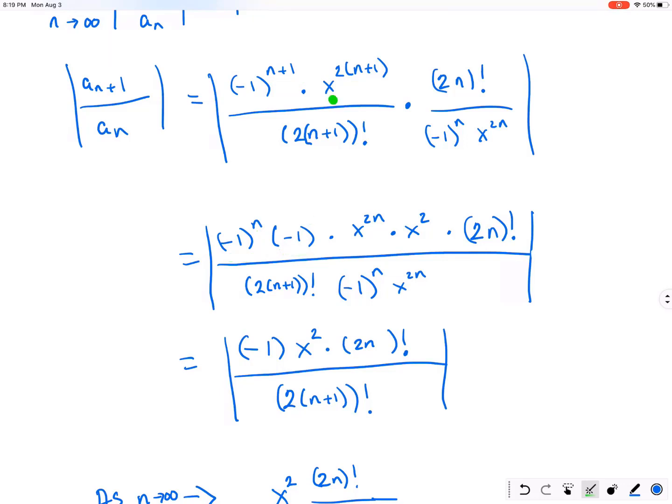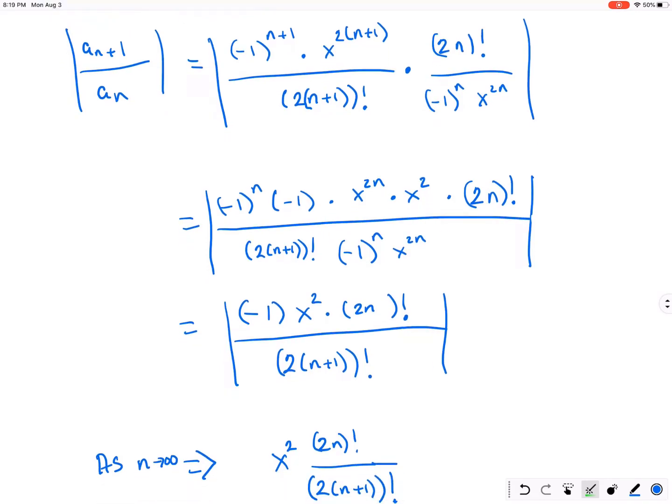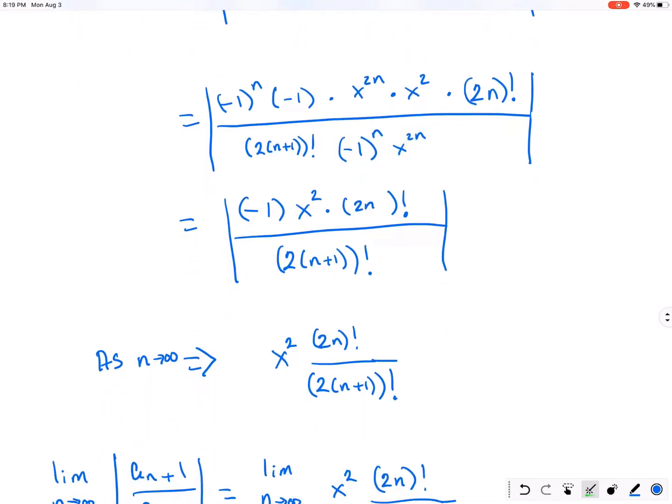Then I took the x raised to the 2 times n plus 1, and I wrote that as x to the 2n times x squared. Then I still have this 2n factorial, and recopied the bottom. So now this minus 1 to the n and this minus 1 to the n simplify, and this x to the 2n and this x to the 2n simplify, and that leaves me with x squared times minus 1 times 2n factorial divided by 2 times n plus 1, the whole thing factorial, and I'm taking the absolute value.